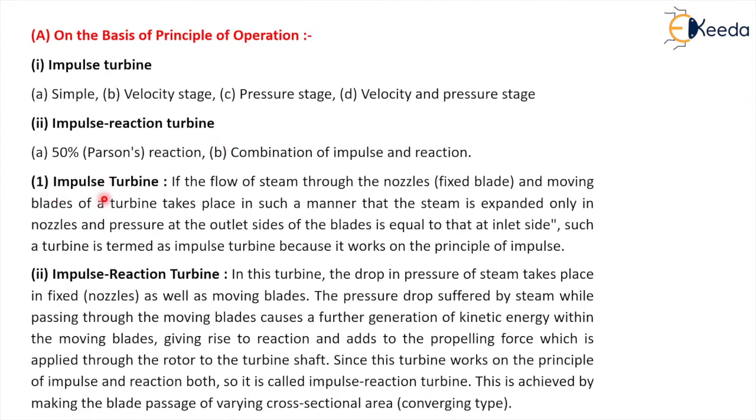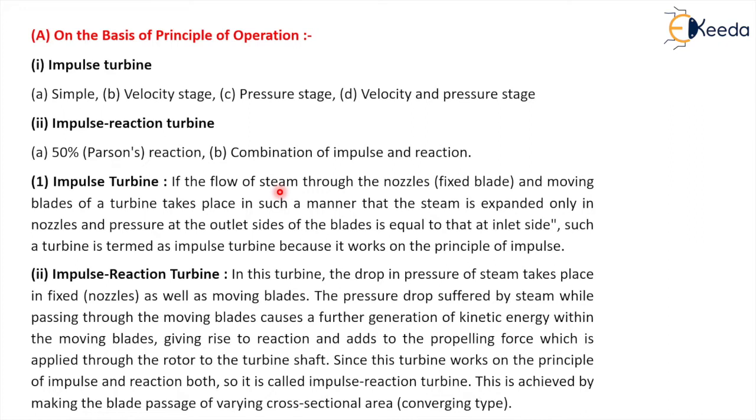In impulse turbine, what happens? The steam flows through the nozzle and then it will move on the moving blade. So there is an expansion of steam that takes place in the nozzle, where the pressure energy of steam will decrease and kinetic energy of steam will increase.